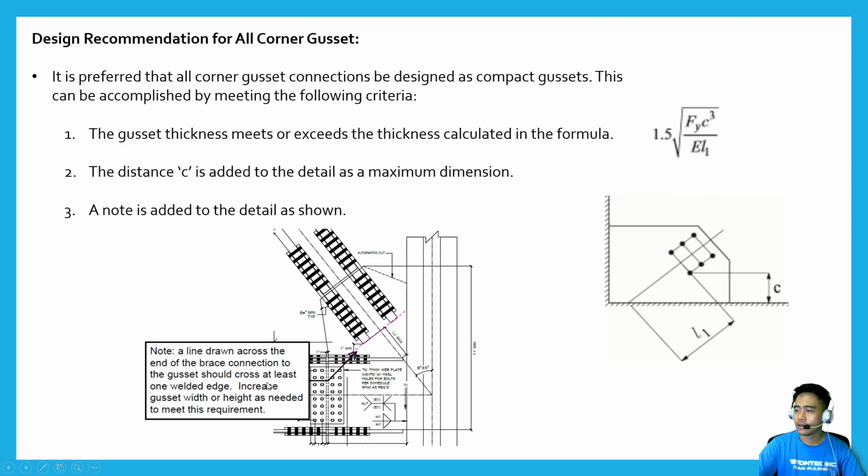So to make sure our gusset corner configuration falls under the compact gusset, we need to make sure that this perpendicular line to the brace line of action must intersect one or both of the gusset connected boundaries. So we need to add a note on our detail similar to what's shown here: a line drawn across the end of the brace connection to the gusset should cross at least one welded edge.